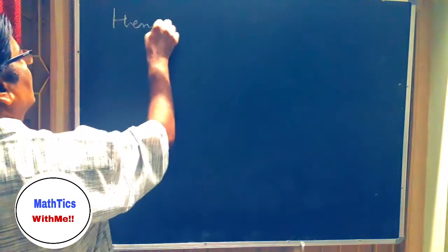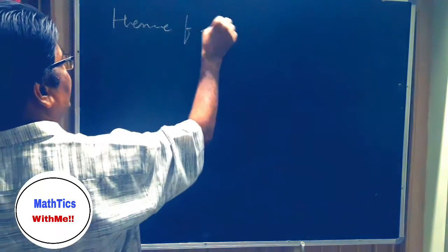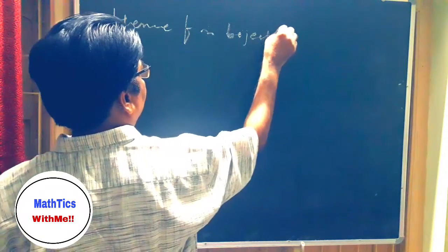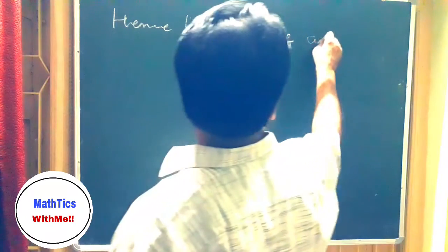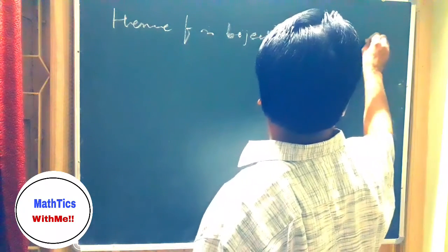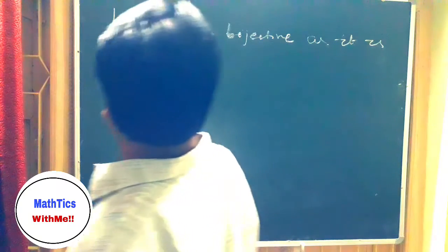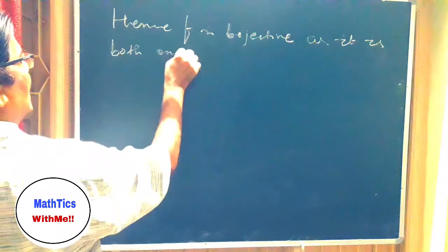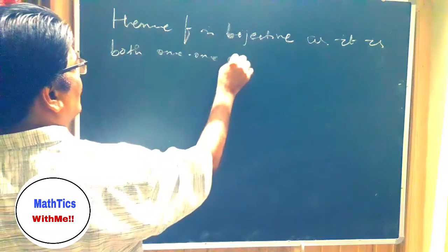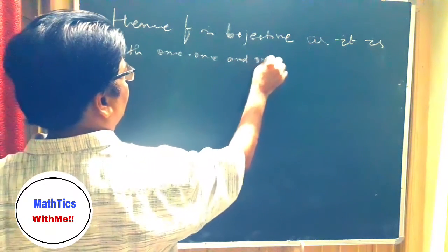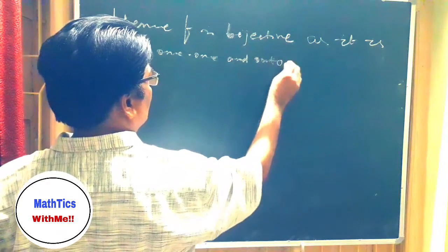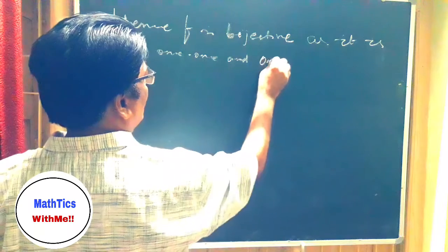Hence, f is bijective, as it is both one-one and onto.